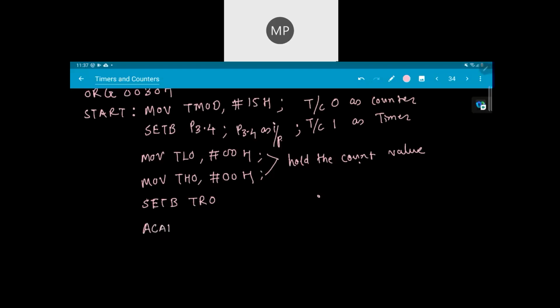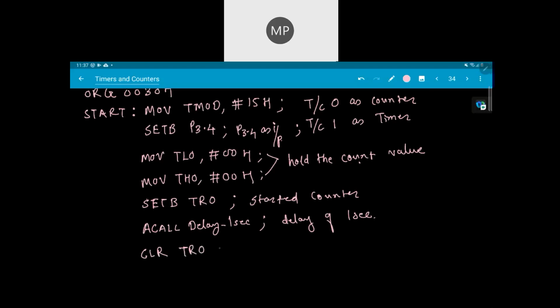So we'll call delay_1second, right? So we are calling delay here. We started the counter, delay of 1 second, and then we'll stop it. How do we stop? CLR TR0. Here we stop the counter.